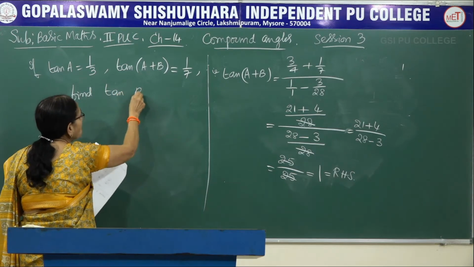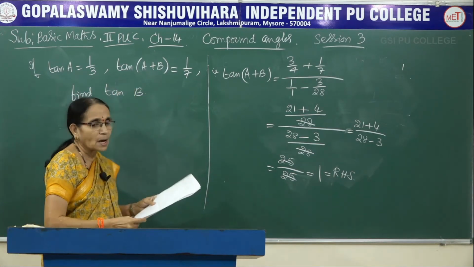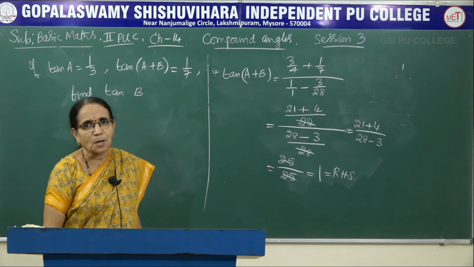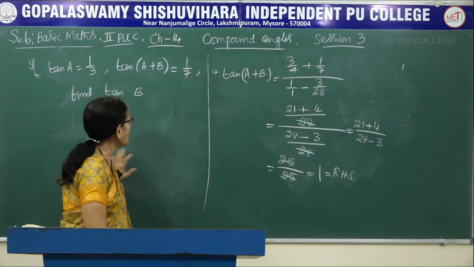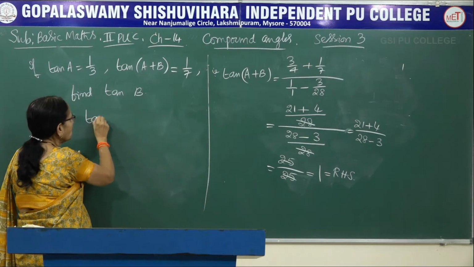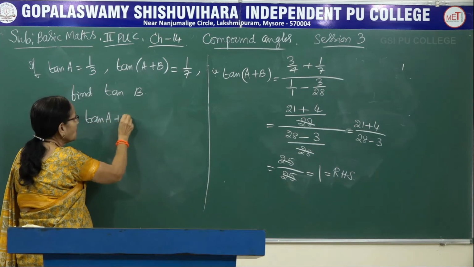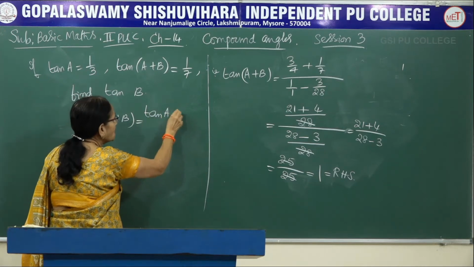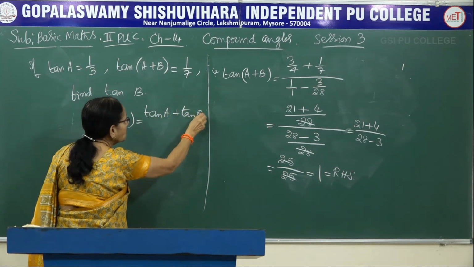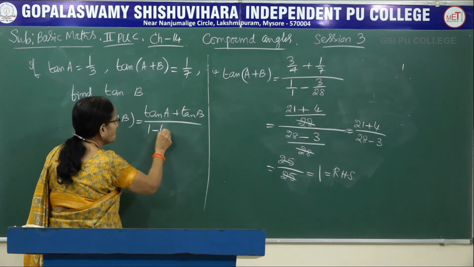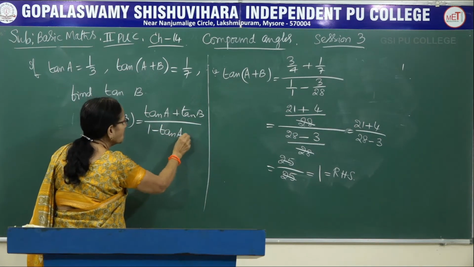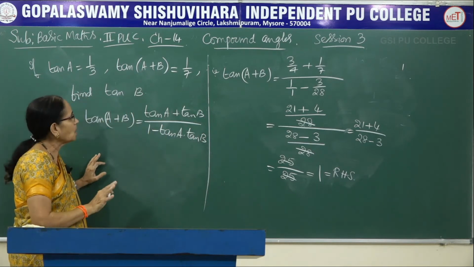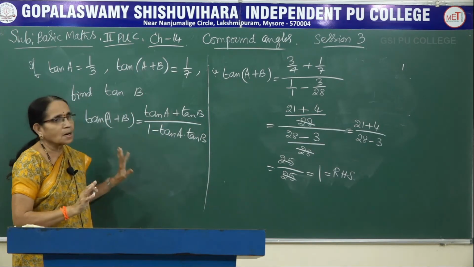Find tan of B. Now, look at the expansion of tan of A plus B. You know that tan of A plus B is equal to tan A plus tan B divided by 1 minus tan A into tan B, isn't it? This is the expansion. Now, look at the right hand side.